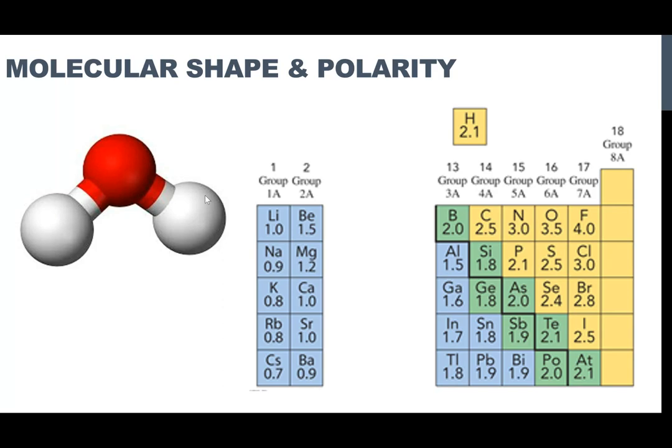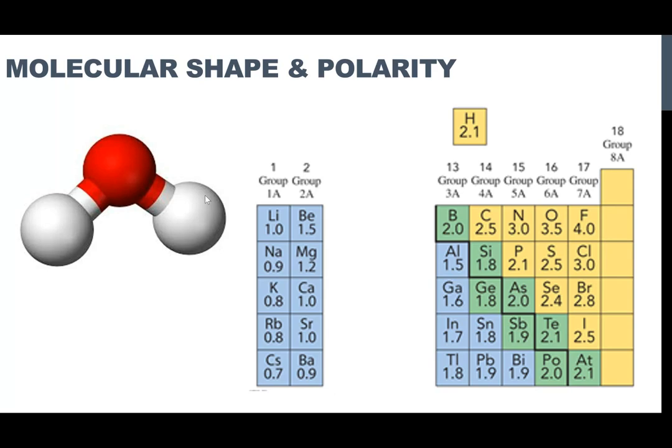All right. So to do that, there's a couple of things that we have to keep in mind. First, we're going to look at the individual bonds and determine, is there a dipole moment? Is there a moment where the electrons or the charge is separated?